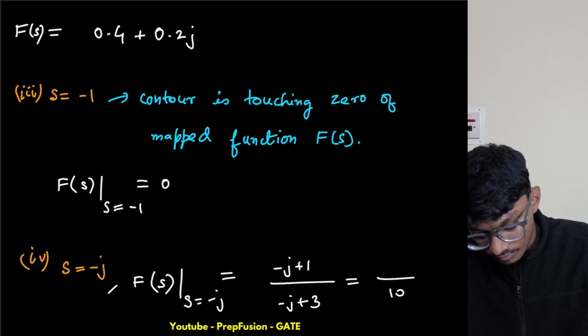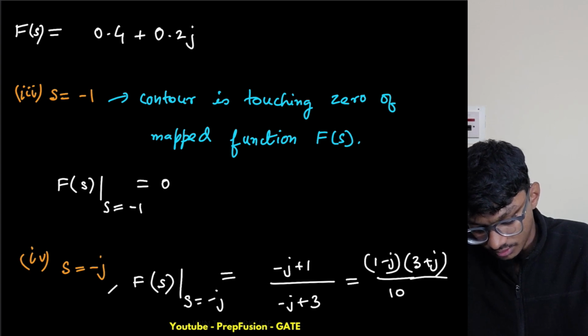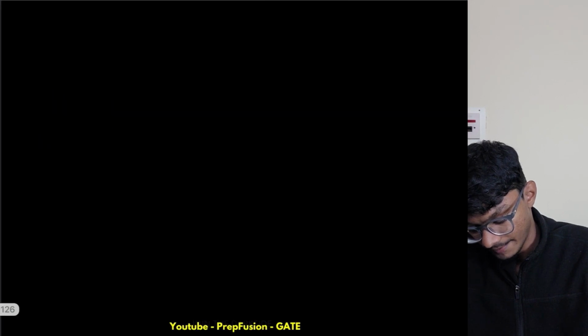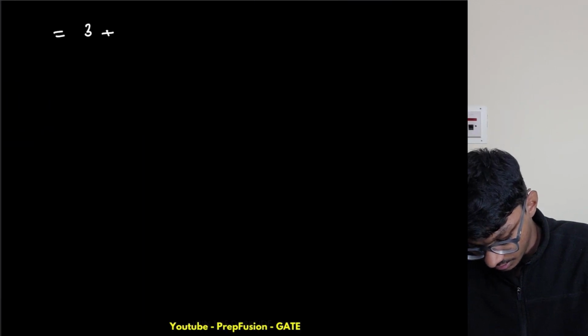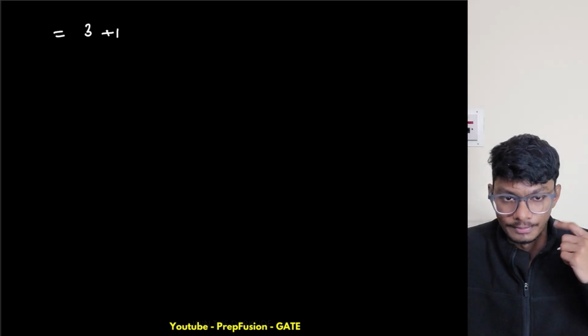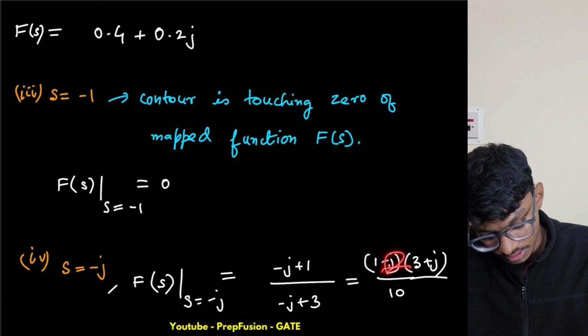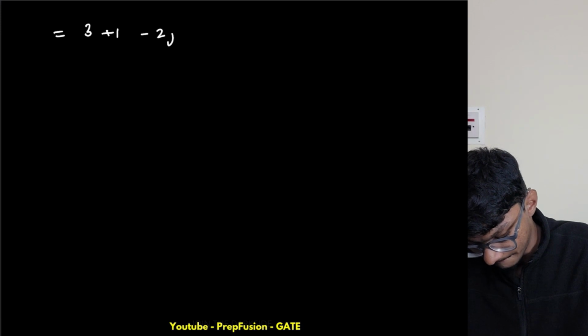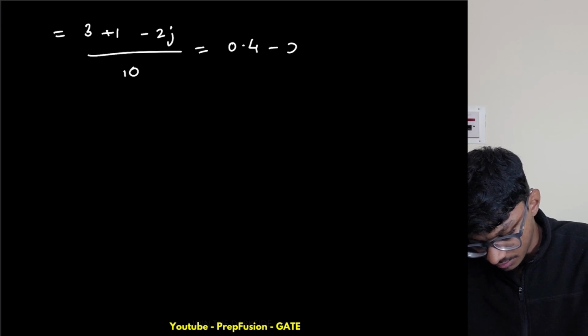So basically it will be 10, and this will be simply 1 minus j into 3 plus j again, right? Okay, so this is simply 3, and then this is plus 1. Minus j into plus j is minus j square, and j square is minus 1, so it becomes plus 1, and this is simply minus 1 into 3, and this is 1 times j, so this is minus 2j divided by 10 basically. So this becomes 0.4 minus 0.2j.